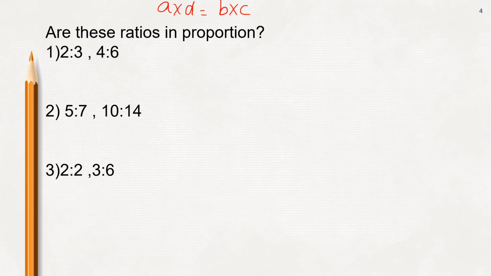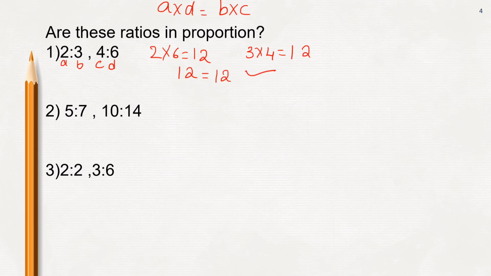So here A, B, C, D. First we multiply 2 into 6. 2 into 6 equals 12. Next B into C, that is 3 into 4. 3 into 4 is 12. Since the cross products are equal, that is 12, the ratios are in proportion.